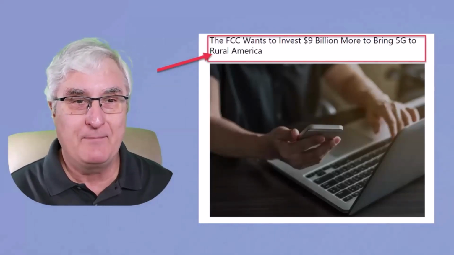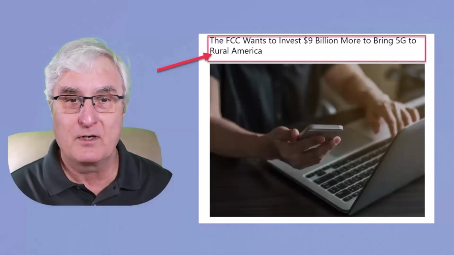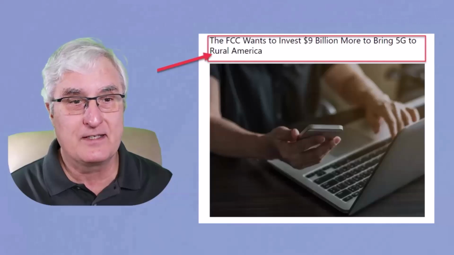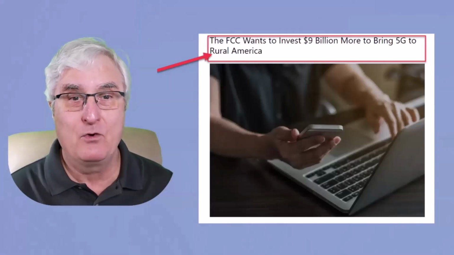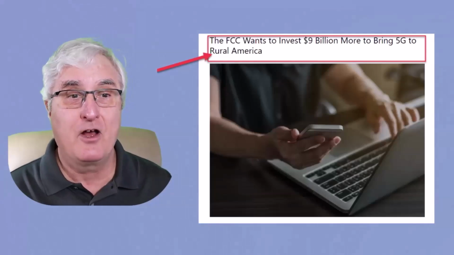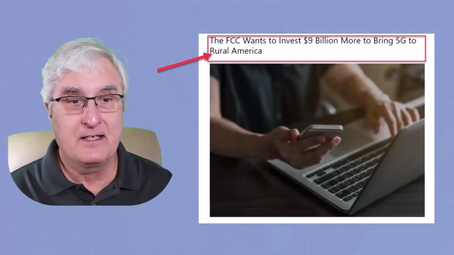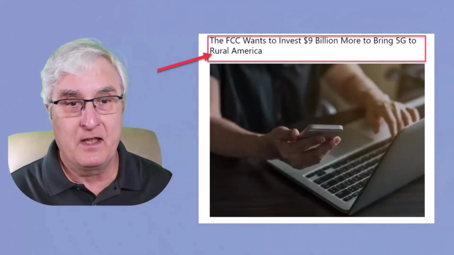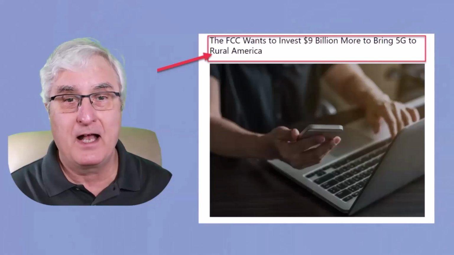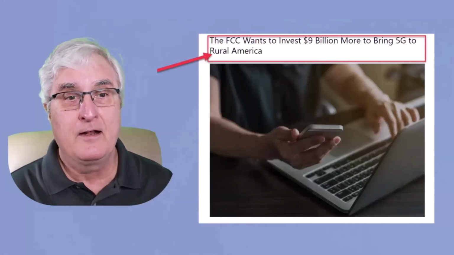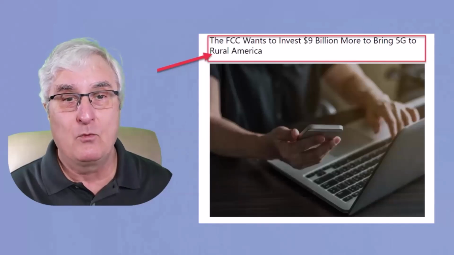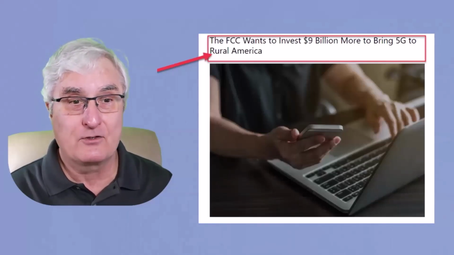"For the first time in our history of supporting wireless networks through a universal service system, this agency has comprehensive data about where service is and is not across the country," said Chairman Rosenworcel. "This will be the foundation of our plan to expand 5G service in rural America to where it is needed most, where people live, work, and travel."